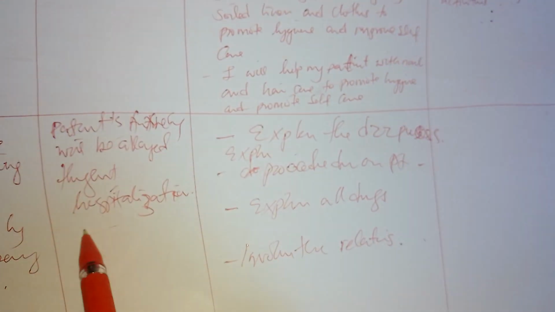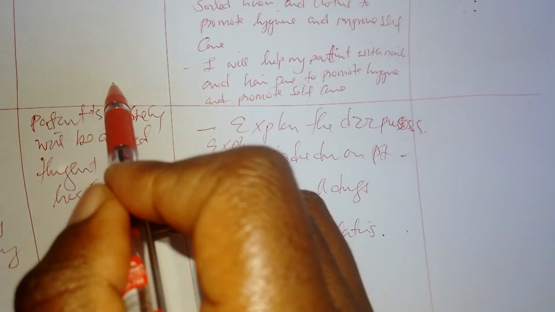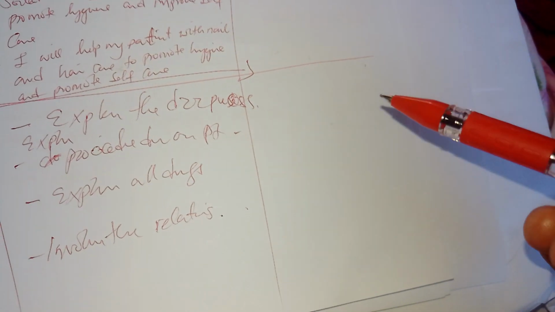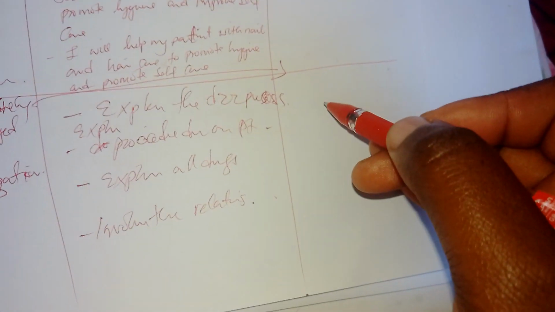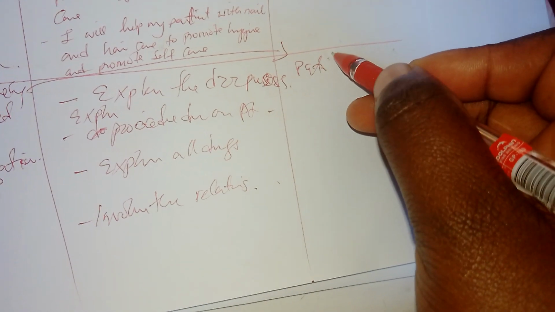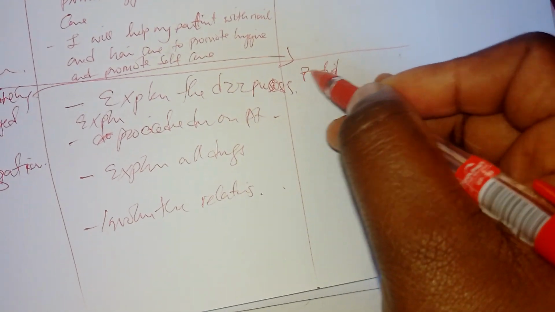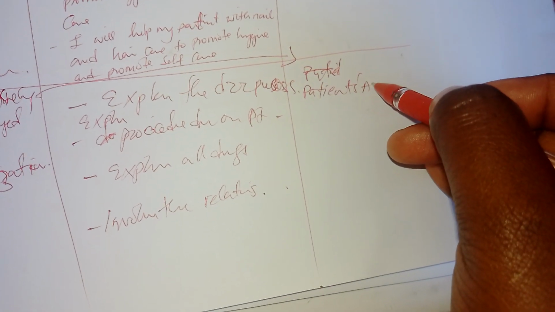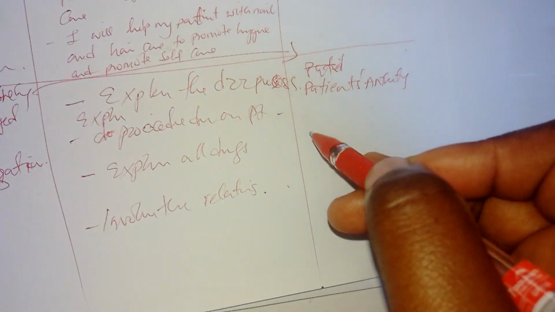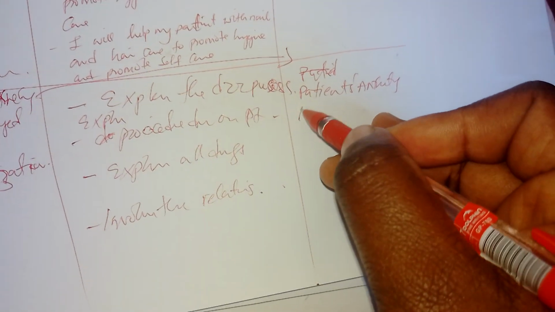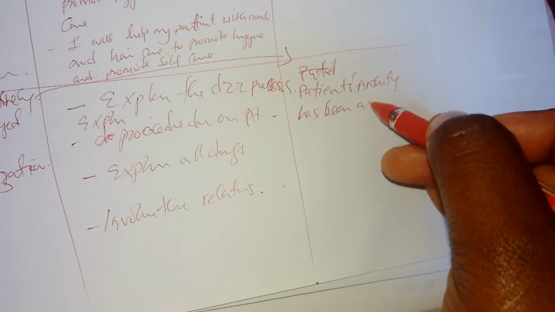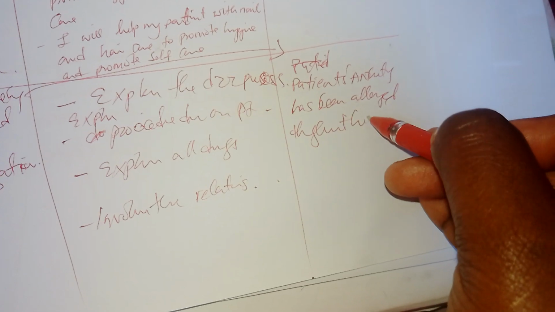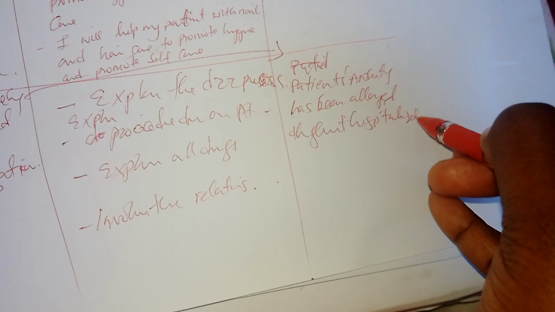Okay, then here our evaluation. Remember, we are borrowing the words from the aim. Okay, so what we wrote here exactly, and we evidence by the opposite. So it will be patient's anxiety or anxiety of the relatives, okay, has been allayed throughout hospitalization.